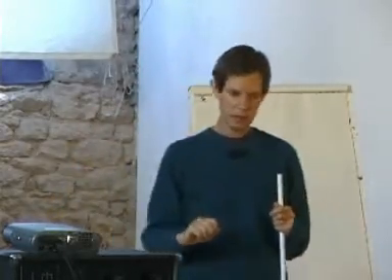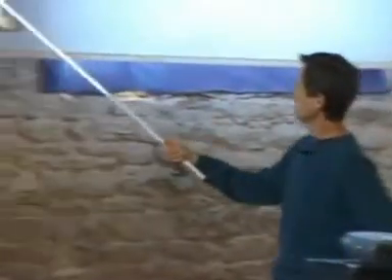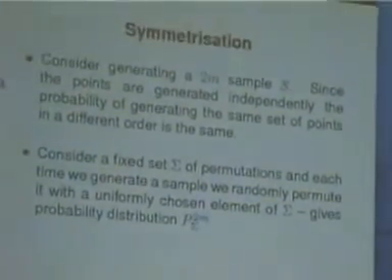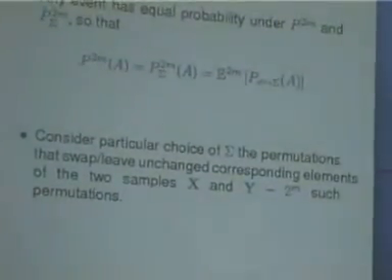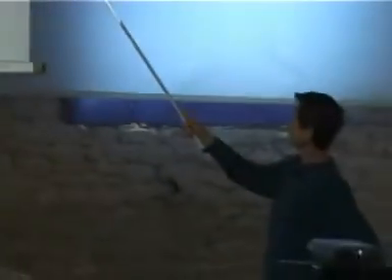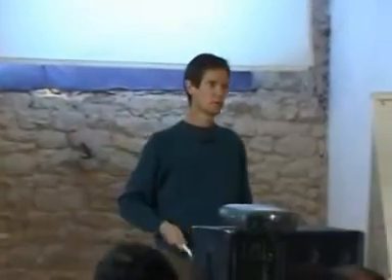Now clearly, doing that, we get a probability distribution that I'm going to call P superscript 2m sub sigma. By the argument that those different orderings are equally probable, any event has equal probability under P^2m and P^2m sub sigma.